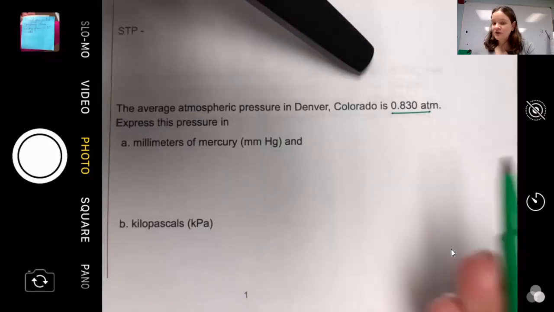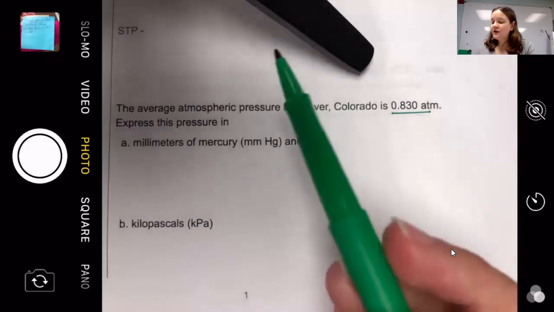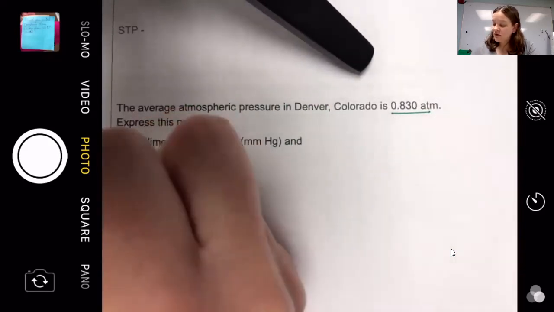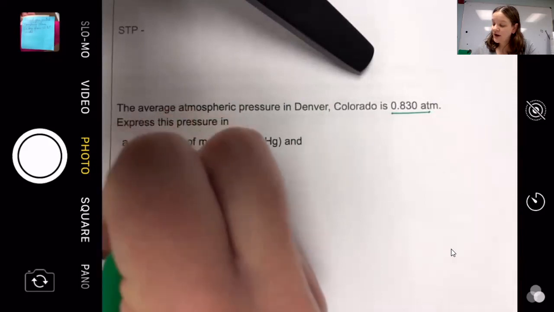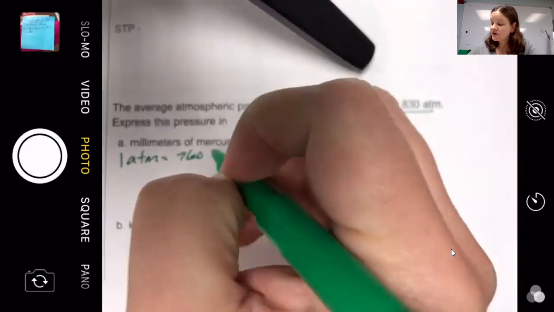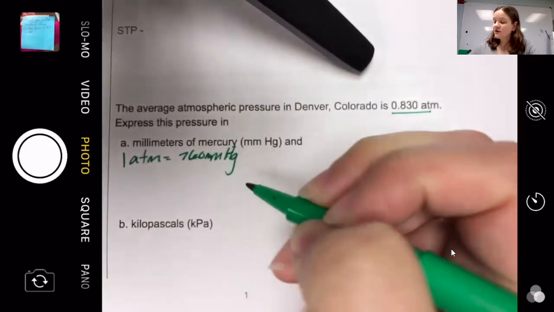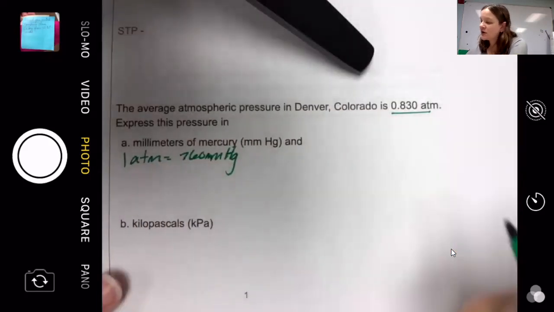If you look up on your notes, you should have written that our conversion factor is that 1 atmosphere is 760 millimeters of mercury. Kind of left out some letters there as I was writing.